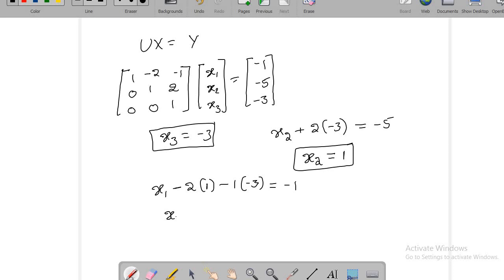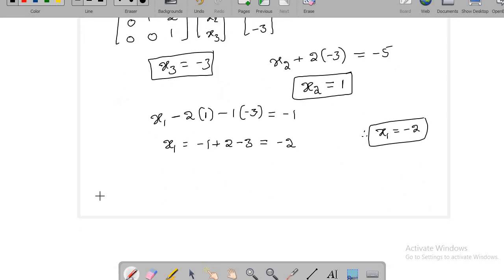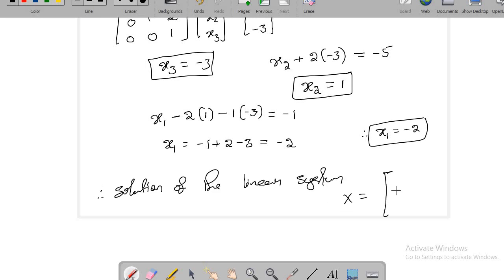So x1 = -1 plus 2 minus 3, which gives -2. Therefore x1 = -2, and the solution of the linear system is x = (-2, 1, -3).